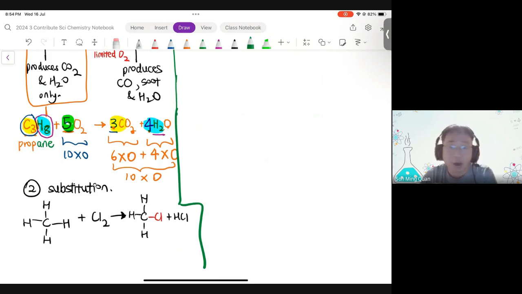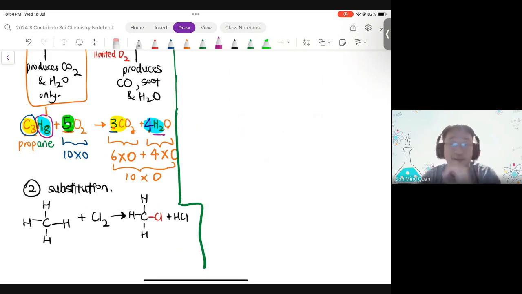Now, it need not stop at just replacing one hydrogen. It could replace all 4 hydrogens in this molecule. So substitution does not mean that I just stop at 1 hydrogen being replaced. I could replace all of them with chlorines. However, for the purposes of writing an equation to show substitution, to make it simple, we're just going to show 1 being replaced.